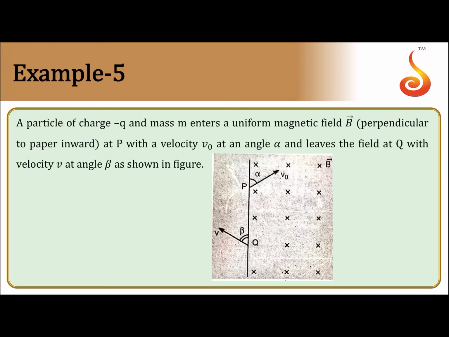Now question number 5. A particle of charge minus q and mass m enters a uniform field B perpendicular to the paper inward at P and with a velocity v0 at an angle alpha, and leaves the field at Q with a velocity v at an angle beta as shown in the figure.